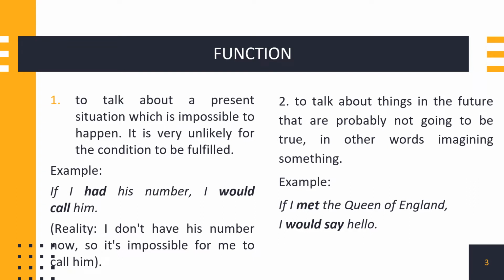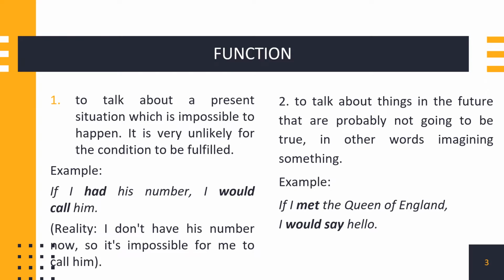Like in my earlier example, if there were no coronavirus, we wouldn't have an online class. But the current situation is that the coronavirus is spreading in society, so we have to hold lectures online.